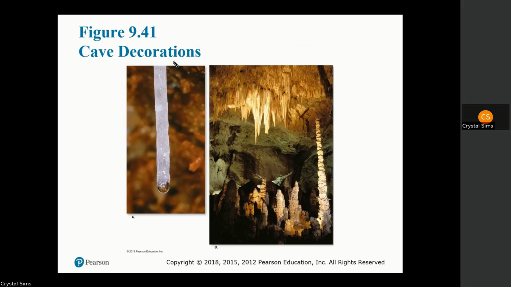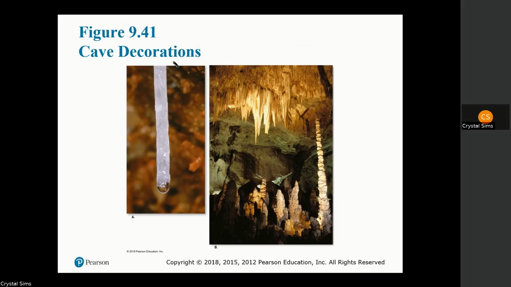Another feature is a type of stalactite. Here are some other stalactites formed by a little bit different process where they may not be hollow inside. And then we also get these features here on the bottom called stalagmites.